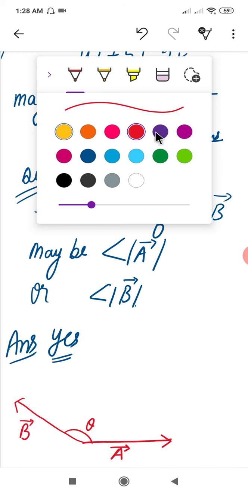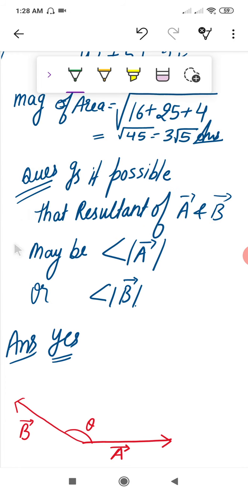As we decided, I'll keep on revising the things which we have done: if you want to calculate the resultant of these two vectors, there is a way. You resolve this vector along the x direction and along the y direction.